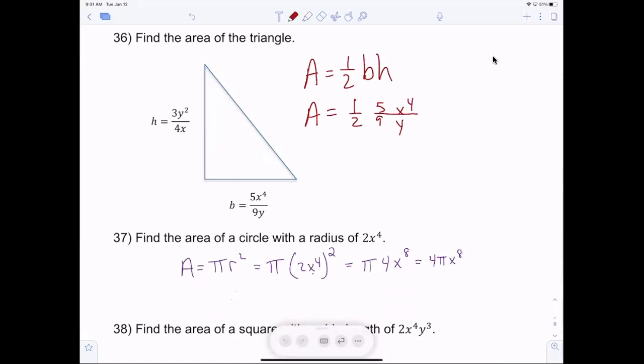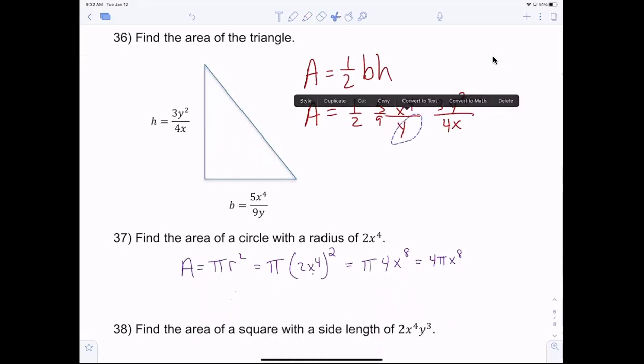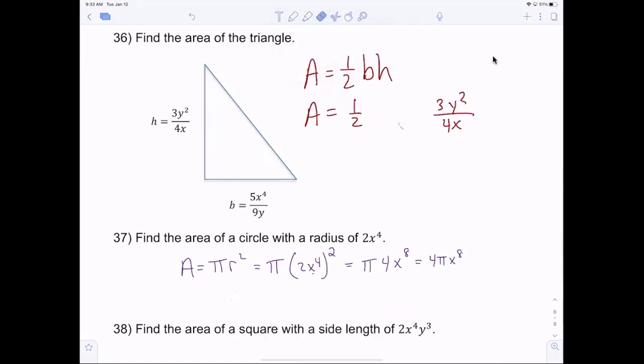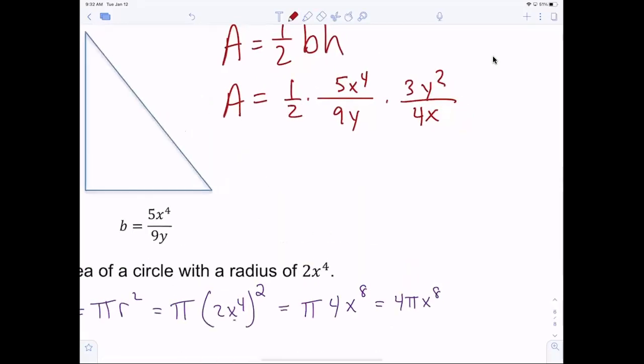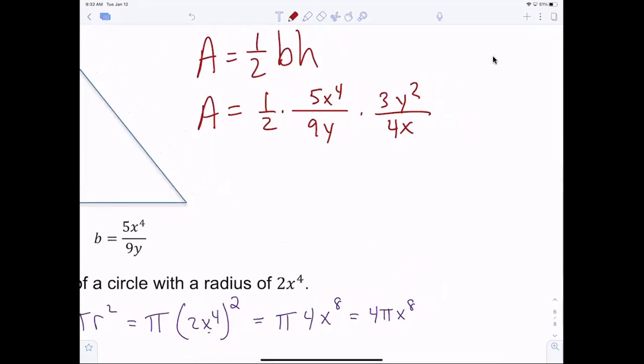And what's the height? All right, now this one's a little annoying. I'm just going to rewrite this. All right, so let me see if you can do this now, kiddo. Look at the numbers. 1/2, 5/9, and 3/4. What can reduce?